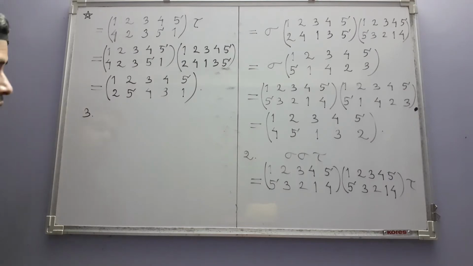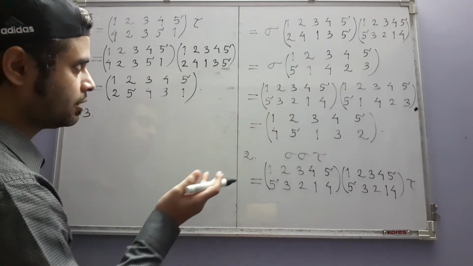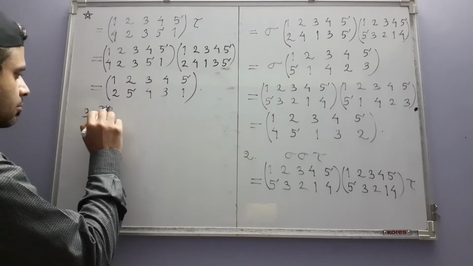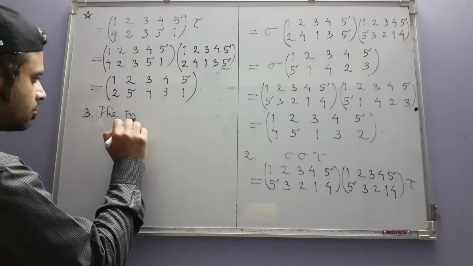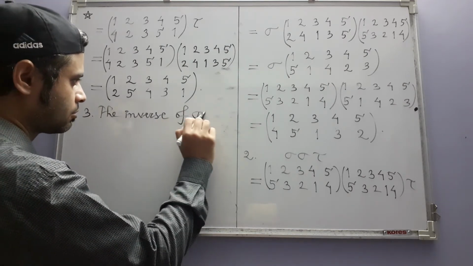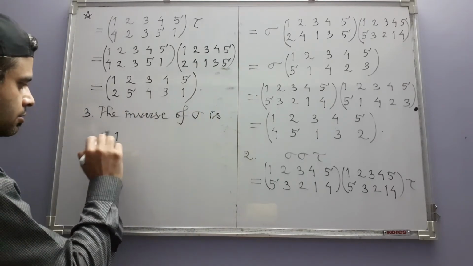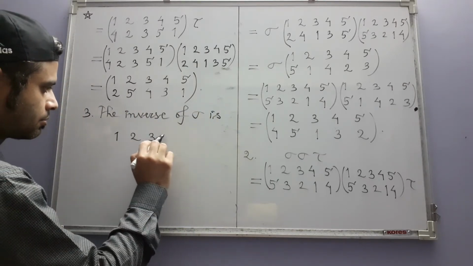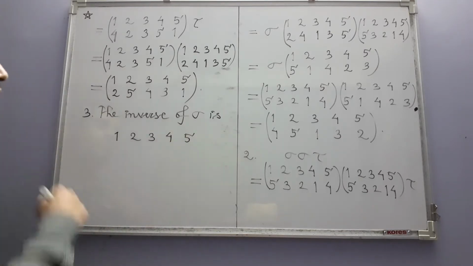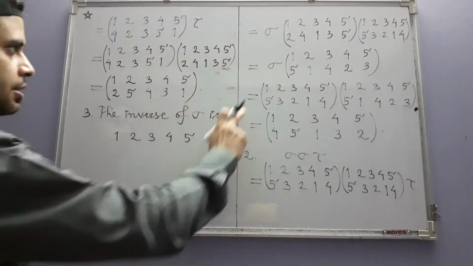And for the third one, just like before, we can write the inverse of sigma directly. The inverse of sigma is, okay, so this is our sigma.